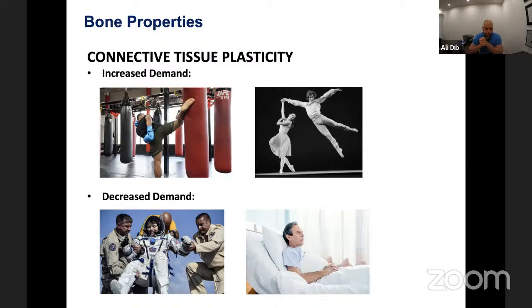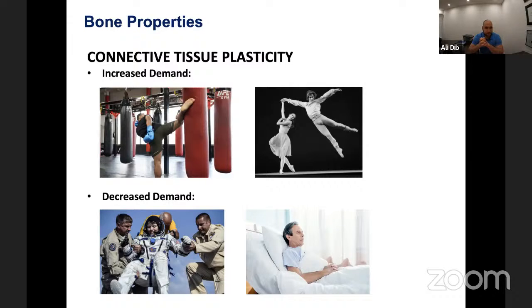Cool. So let's talk about the increased demand first, right? The kickboxers have conditioned their shins, and they do this by absorbing unreal impact every time they kick a bag. And they're usually kicking solid objects, like another fighter's shin, for example, right? And over time, their shin just becomes more and more dense and less likely to fracture.